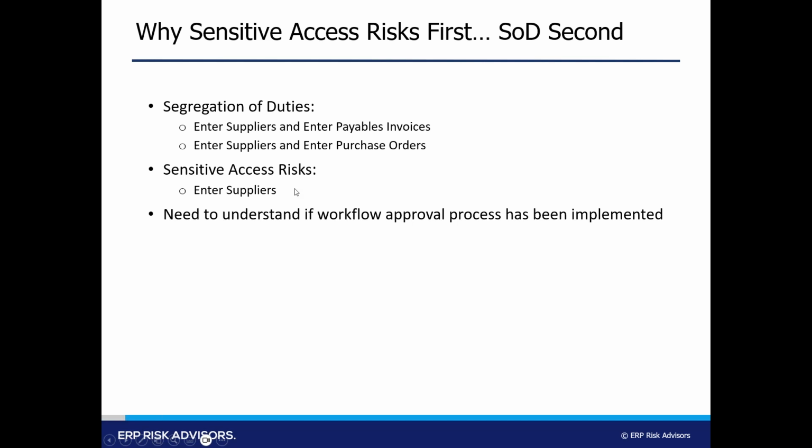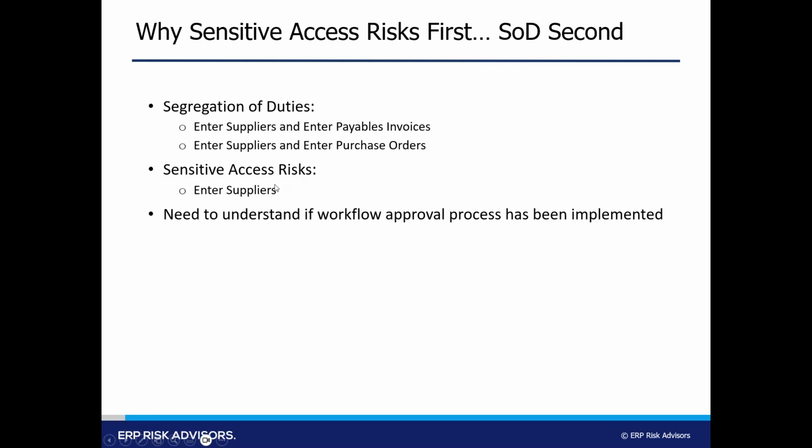So we need to address those risks on the front end. If we can resolve that nobody, let's say, has FBDI abilities or enter suppliers, so the workflow is designed in such a way that all entry of suppliers and changes to suppliers has to go through the workflow approval process, because it's not just entry, it's also changes, like changing a bank account.